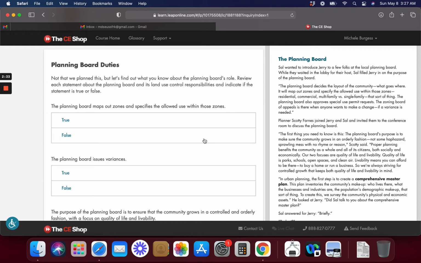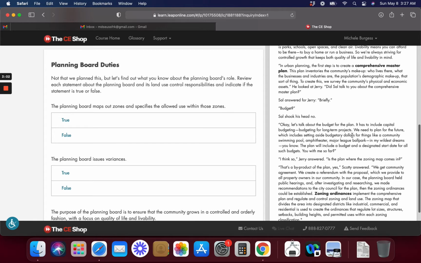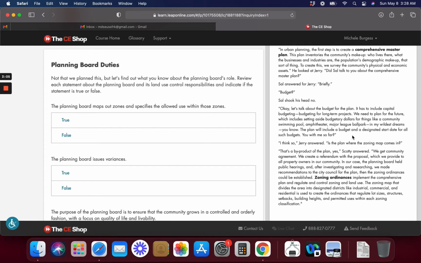Unfortunately, most of them require high HOAs. The proper planning benefits the community as a whole, the quality of life, such as parks, schools, sometimes gated communities to keep out bad people, or they think they're going to keep them out. This is called Urban Planning, the Comprehensive Master Plan, and it's to keep things going in the community, including where you shop and all those kinds of things.